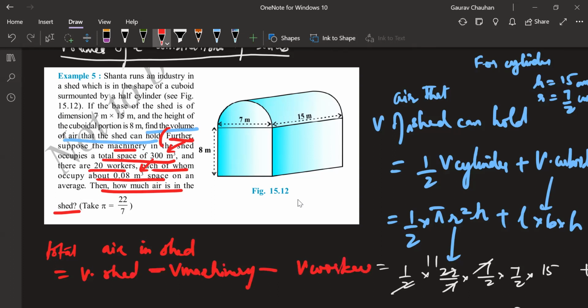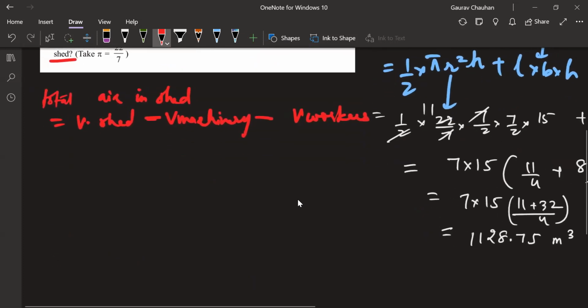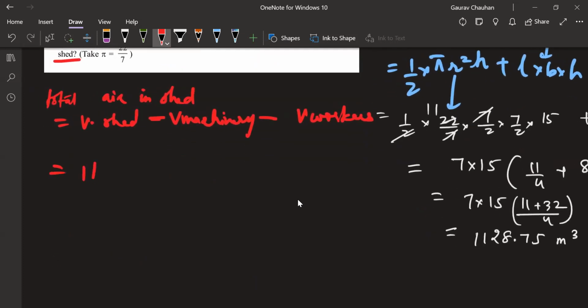Is that okay? Is my handwriting clear? So volume of shed, what did we get? 1128.75 minus volume of machinery, which is 300 meter cube, minus volume of workers, which is 20 into 0.08, and you calculate this. Any doubts? We good, comfortable? Okay, move on to the next one.